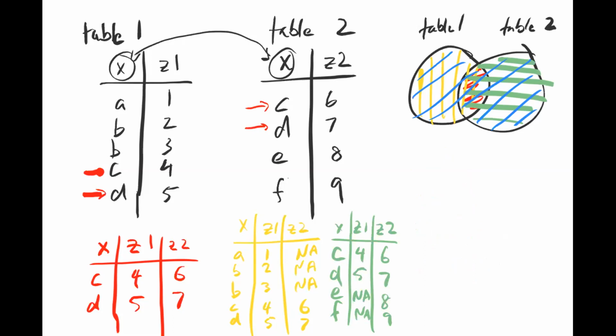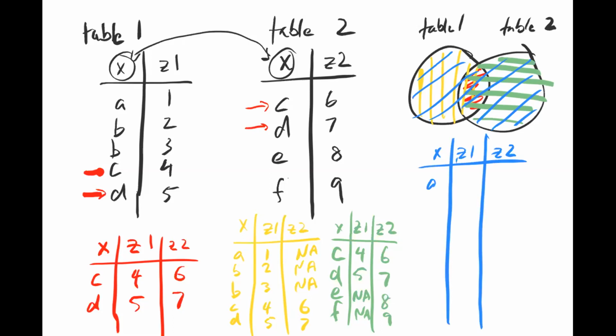And then lastly, for our outer join, this includes everything. So X, Z1, Z2. So this is A, B, B, C, D, E, F. 1, 2, 3, 4, 5.